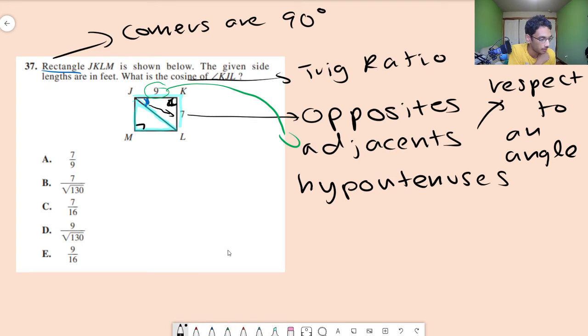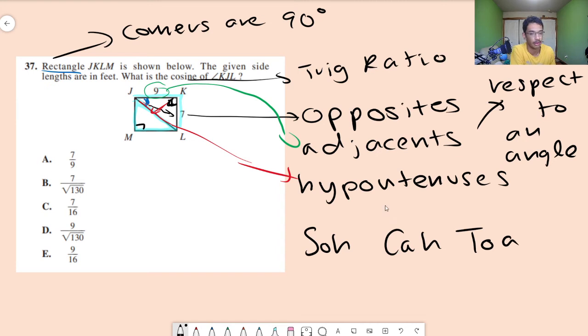And the hypotenuse is very special to right triangles. It's the longest side of a right triangle, and it's basically opposite the right angle. So this is the hypotenuse right here of this particular triangle, regardless of what angle we're looking at. We can use these trig ratios for right triangles, and we're given right triangles. To remember these trig ratios, you should remember SOH CAH TOA, where S stands for sine, C stands for cosine, and T stands for tangent.